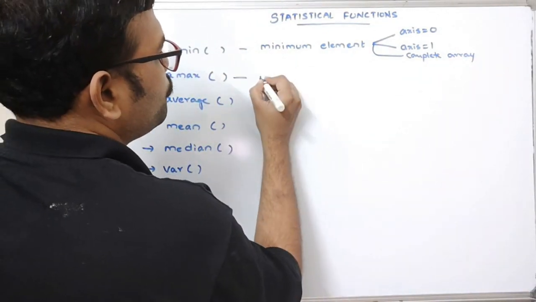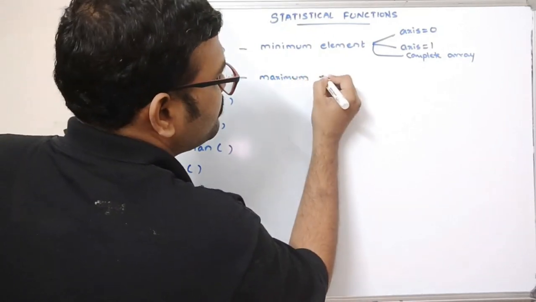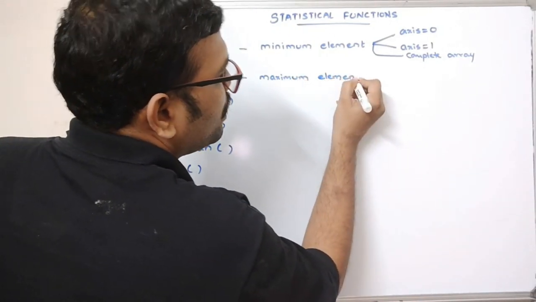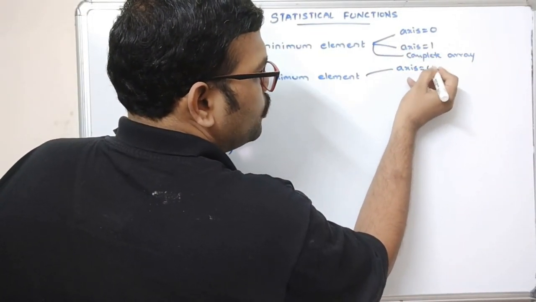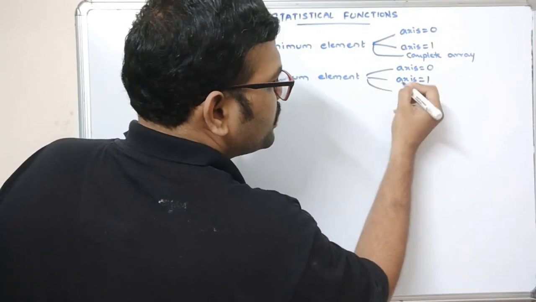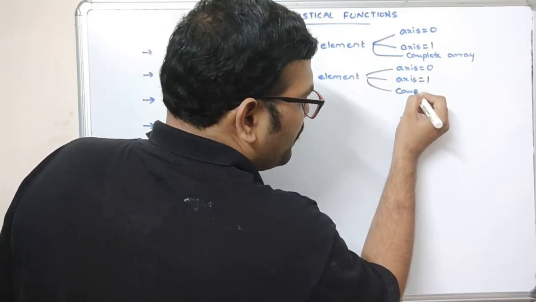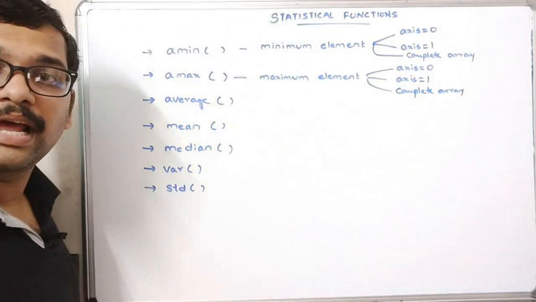Similarly, amax is to find the maximum element, in all these three cases: with respect to axis 0, with respect to axis 1, and from the complete array, the ND array, the n-dimensional array.